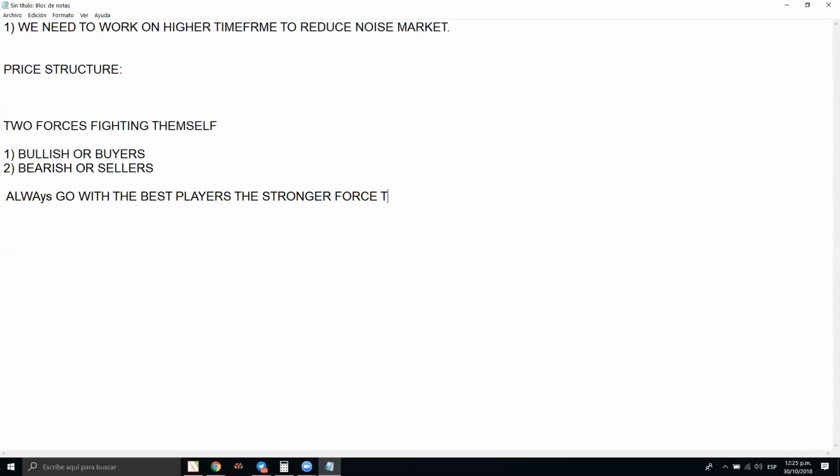At the end, they are going to be the winners. That's the reason we should always try to make some analysis and go with the real traders, or the market sentiment.